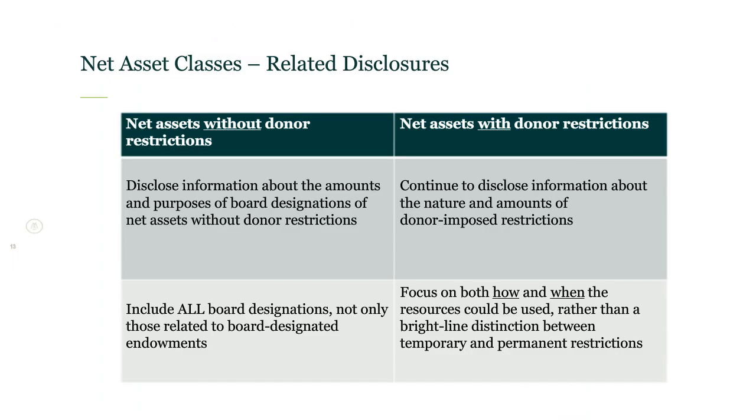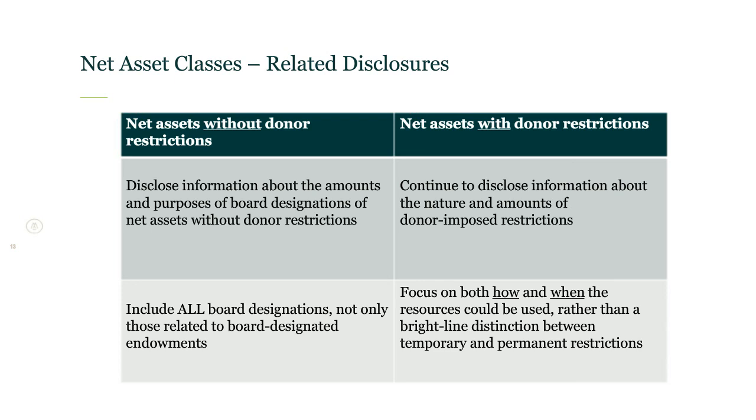So under the new standard, some disclosures are required for each of these net asset classes. For net assets without donor restriction, you will need to disclose information about the amounts and purpose of any donor or board designations, which includes all board designations such as voluntary reserves, not only those related to board-designated endowments.